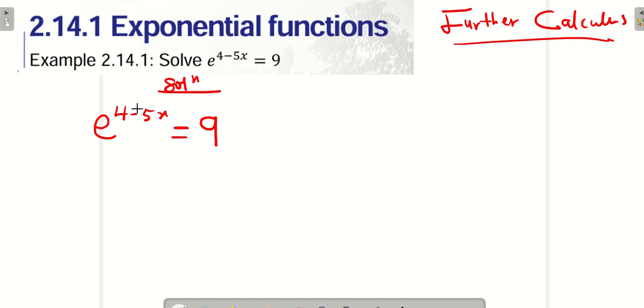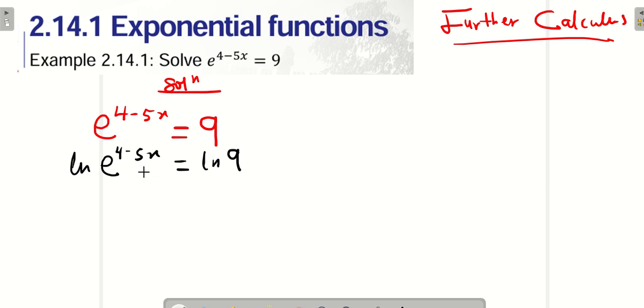Now this is an exponential function. So what we need to do is to take the natural logarithm of both sides. So we will take ln of both sides, e to the power 4 minus 5x. Then we will do the same thing here, ln 9.